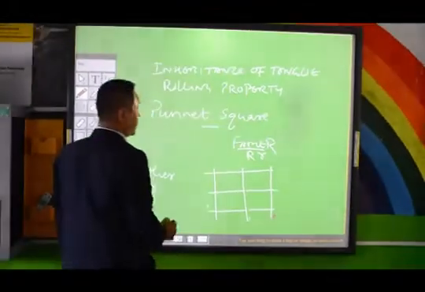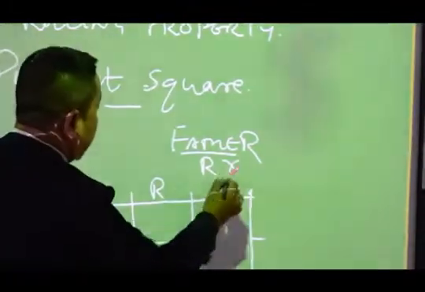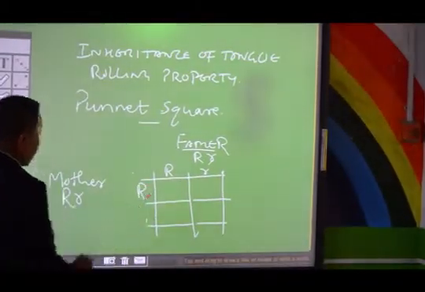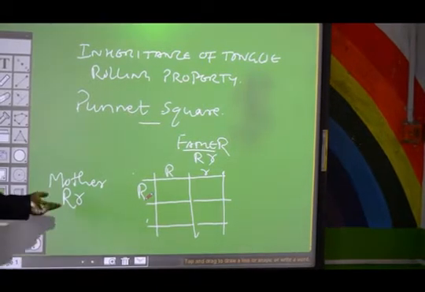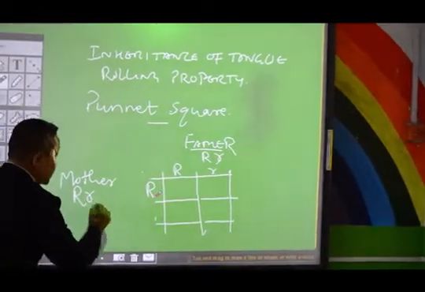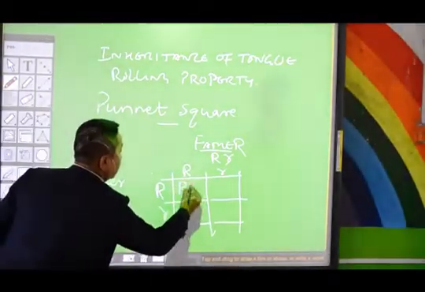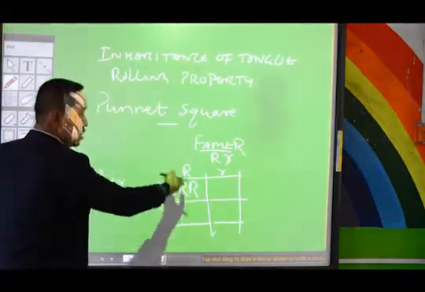So like that. This one R comes here, this another R comes here, and from the mother, one dominant comes this side and the recessive comes this side. When you crisscross here, this R into R, double R, that is homozygous dominant.